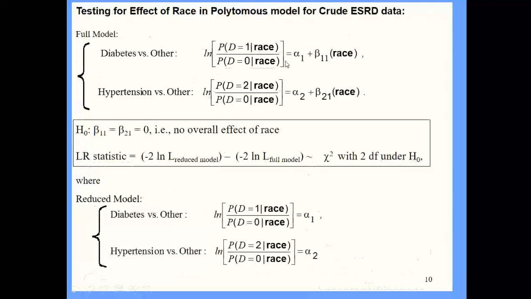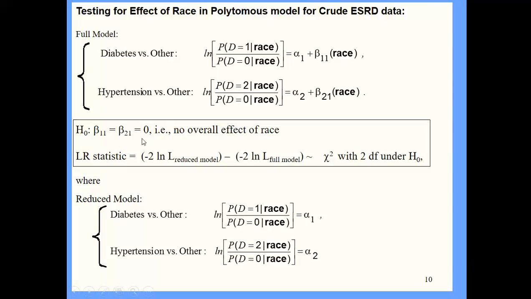Now, if you fit this model, I've already told you sort of how you do it. I haven't shown you output yet, but suppose you wanted to test whether there's an overall effect of race in this combined model. You see the null hypothesis I've stated over here?